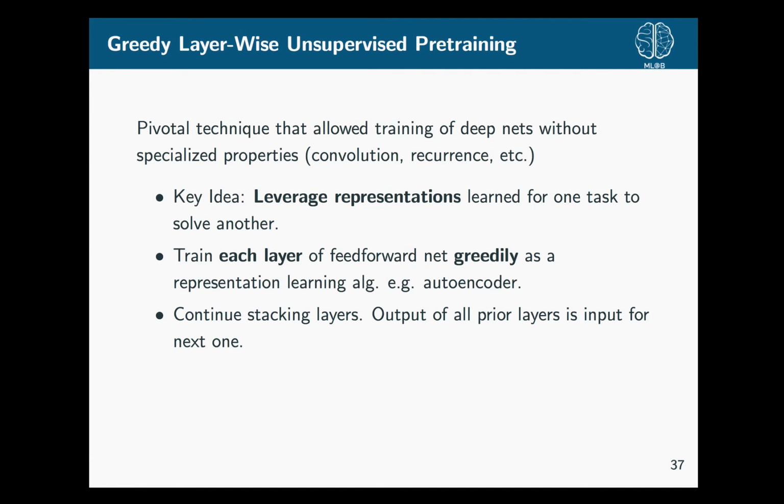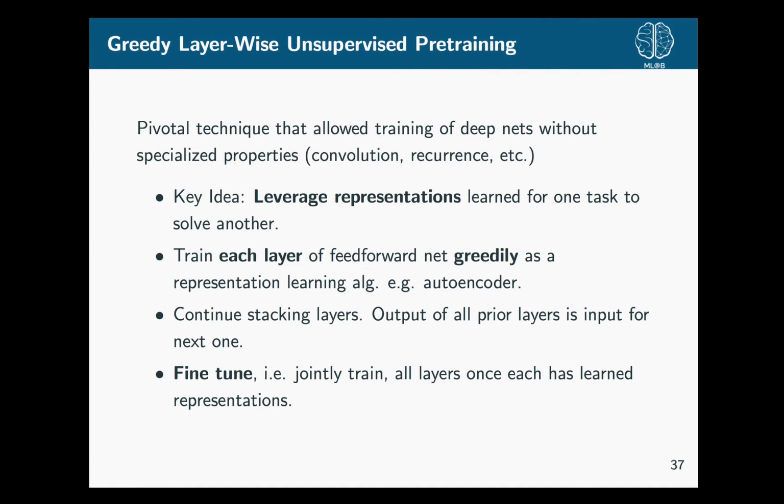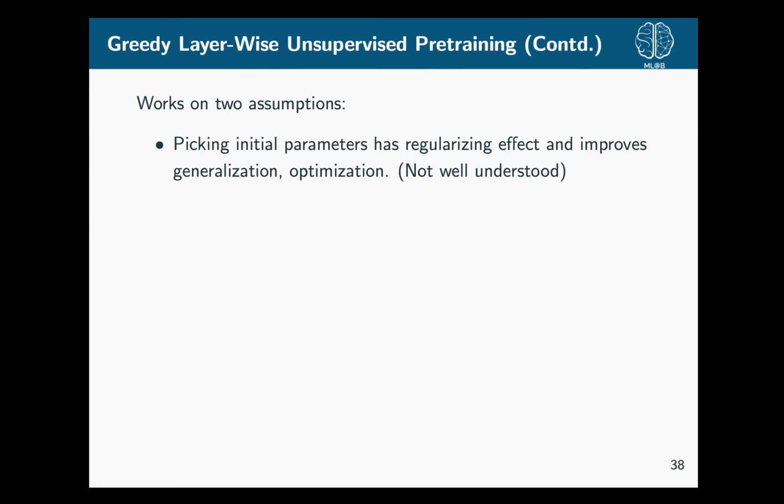So you still have the same principle of leveraging representations, and that is this technique. This was actually used a lot earlier. It's not as useful anymore, but it's still a cool technique to try and understand. It works for two reasons. One is that this is done on tasks that are going to be supervised learning tasks. It's basically picking out the parameters before you even do any sort of supervised learning.